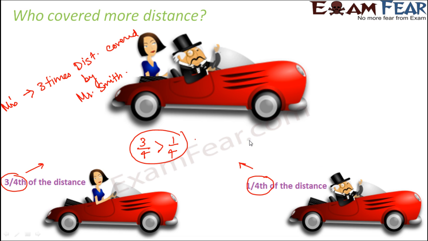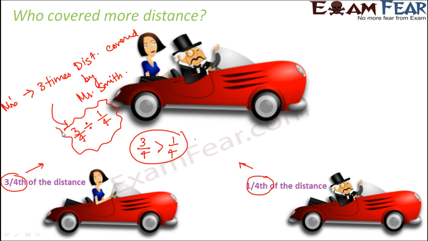That means if Mr. Smith covered 1/4, then Mrs. Smith covered 3 into 1/4, that is 3/4. So there we talk about ratio, because when you say this, what you are basically doing is you are saying distance covered by Mrs. Smith divided by distance covered by Mr. Smith. That is what you are actually doing in this case.